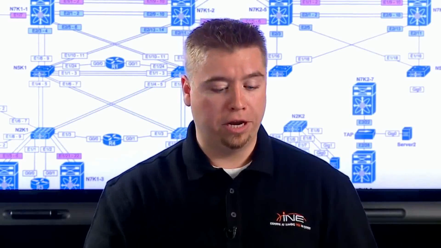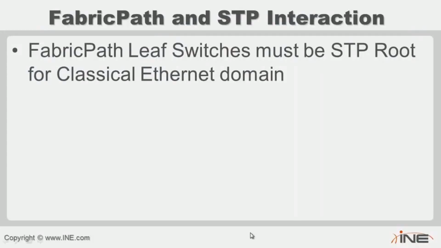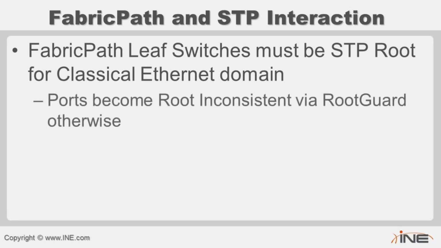So spanning tree is going to be isolated from the leaf switches down to just their individual classical Ethernet domains. In order to allow this to happen, we need to make sure that the top of the spanning tree, or essentially the root, is always on the leaf switches. So this means that the leaf switches will essentially be running the equivalent of the spanning tree root guard feature on any of their classical Ethernet-facing links.